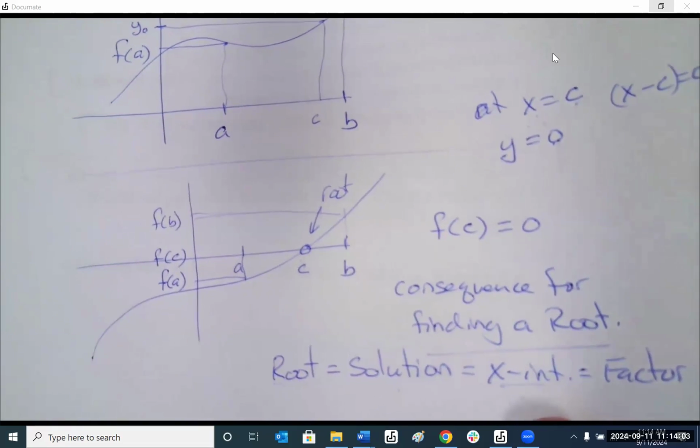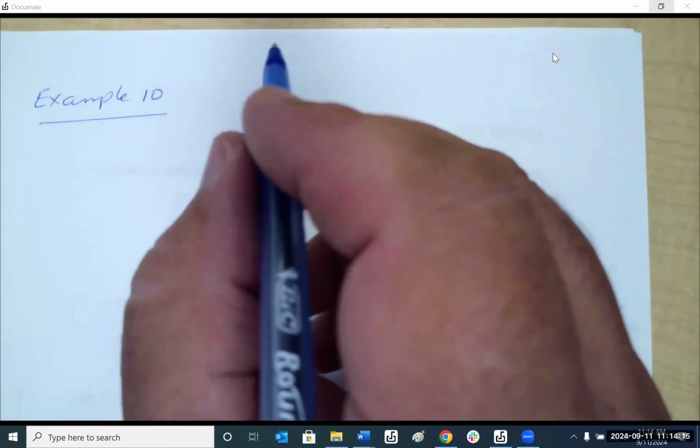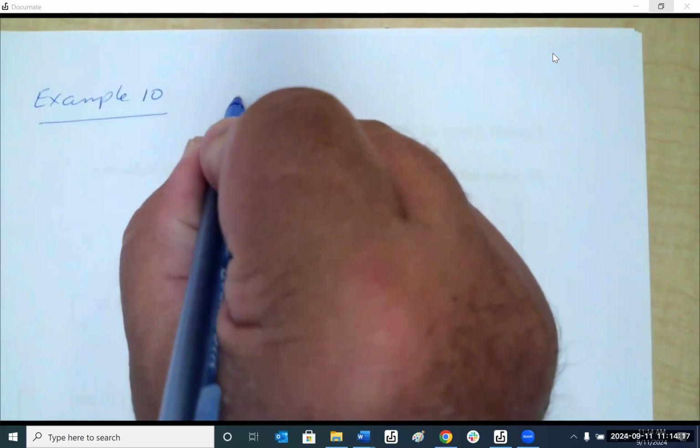So let's look at examples. Example 10. Show that there is a root to the equation.